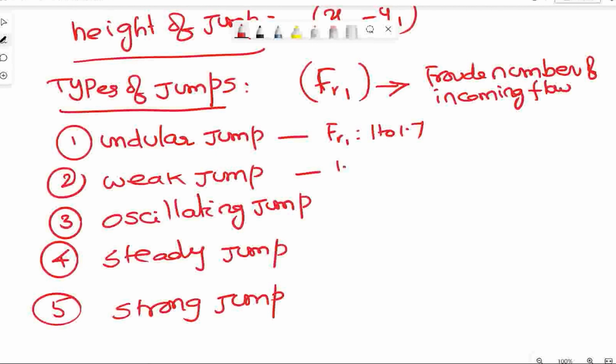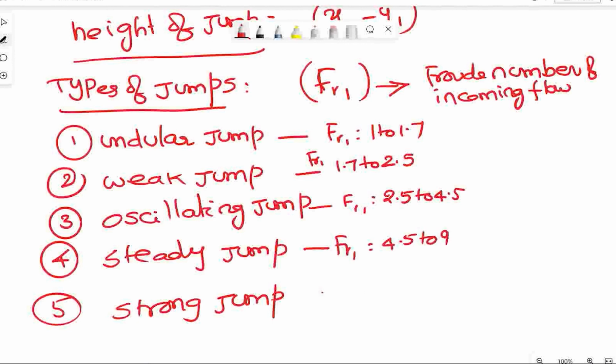If this is 1.7 to 2.5, we call it weak jump. If the Froude number is 2.5 to 4.5, this is oscillating jump. If the Froude number is 4.5 to 9, we call it steady jump. And if the Froude number is greater than 9, we call it strong jump.